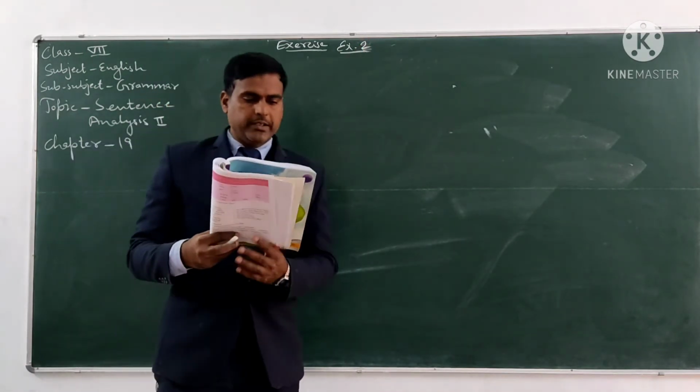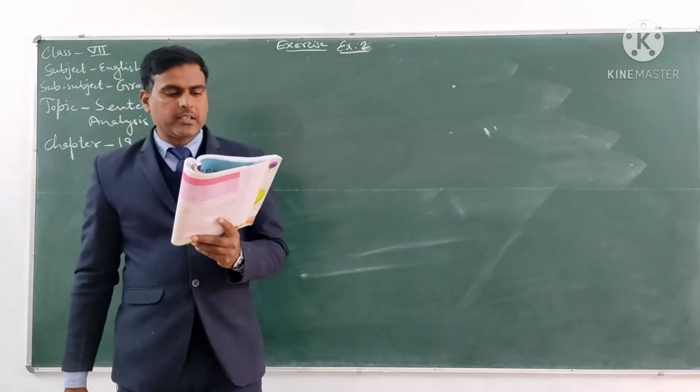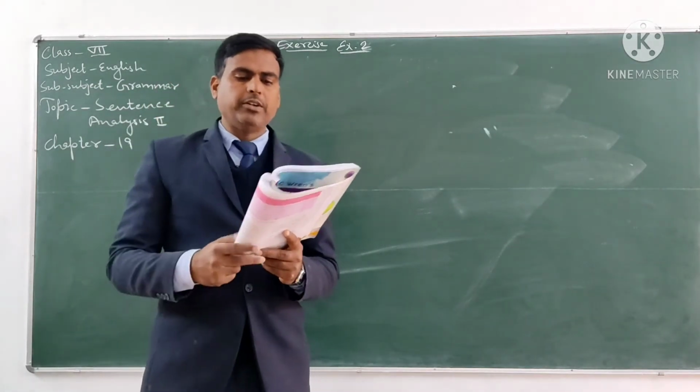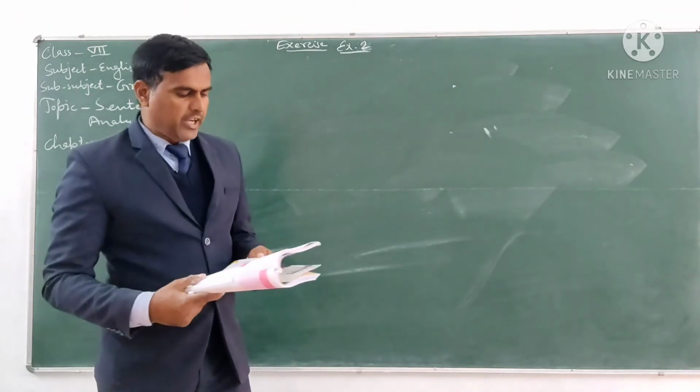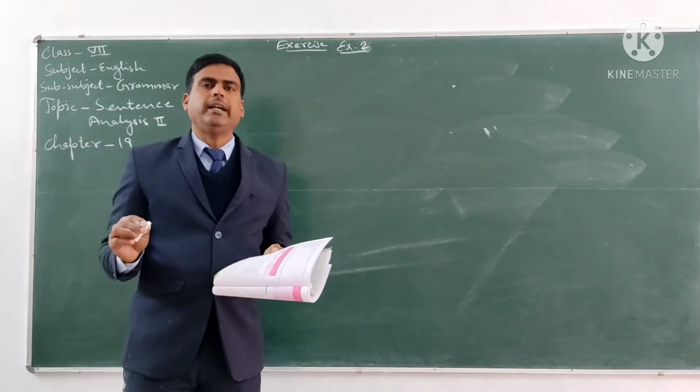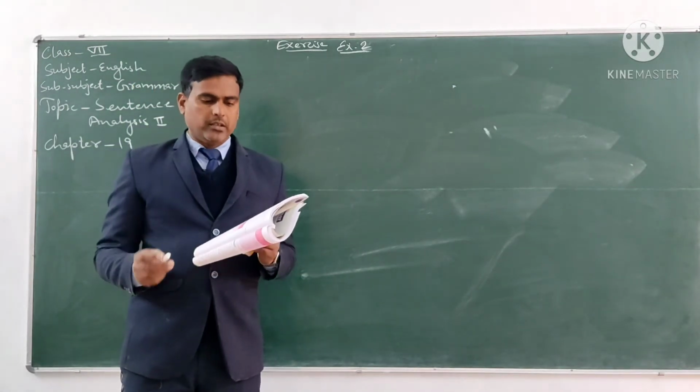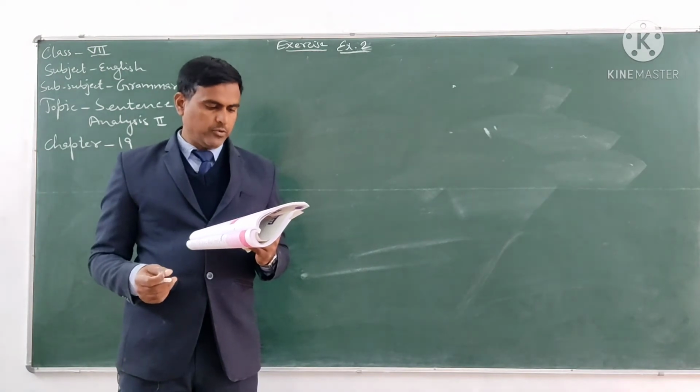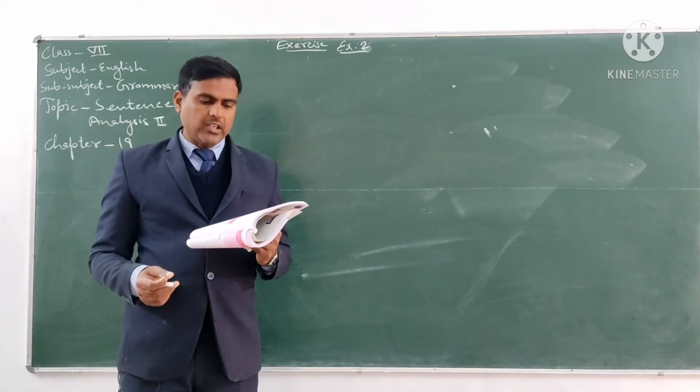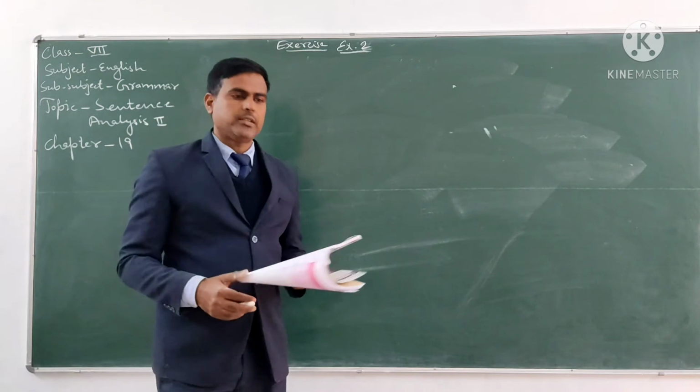Exercise number 2 is: Underline the verb and circle the complement in each of the following sentences. So we have to underline the verbs and circle the complement in each of the sentences.